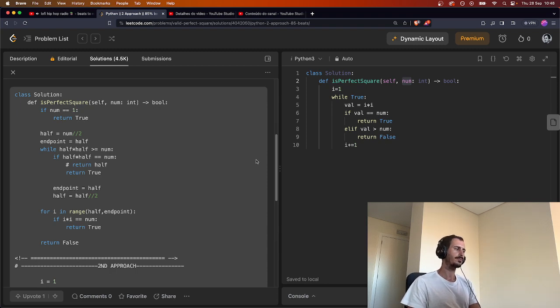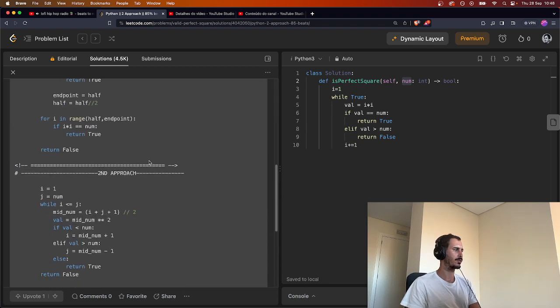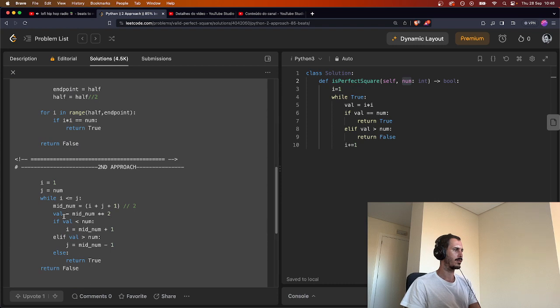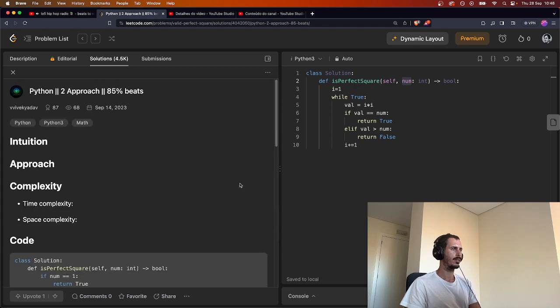Okay. Second approach, mid number. Okay, so this actually makes sense because if we divide the number by 2 and square it, it will never be smaller than the number, it will always be bigger. So yes, let's do that.